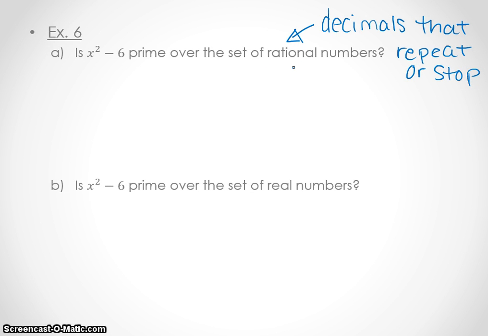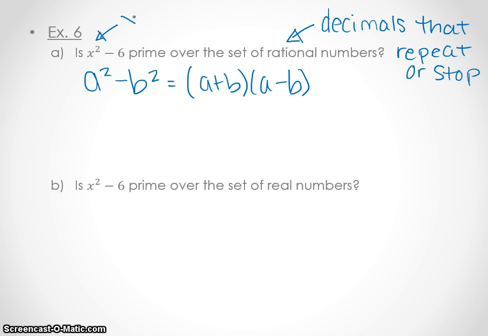So essentially we want to say, is this prime or does it factor? We have to see. There's nothing I can pull out as far as the GCF goes. This might fit one of our special patterns, a squared minus b squared, which factors into a plus b times a minus b. We take the square root of x squared and we get x.